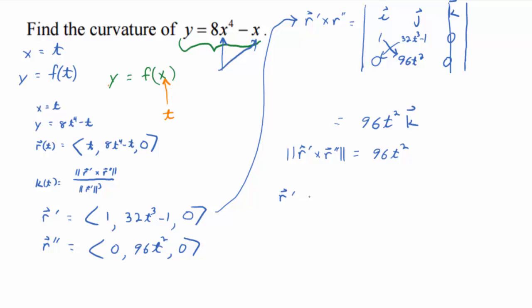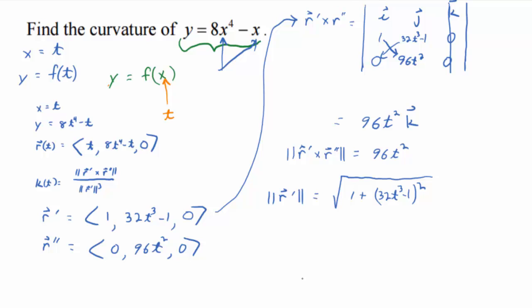What's the magnitude of r prime? Well, let's find it. Ooh, what is that? That's not going to be very pretty, is it? Square root of... I don't even know if I want to multiply that out. I might make you guys do that if you want to. Not that it would be that hard to multiply out.